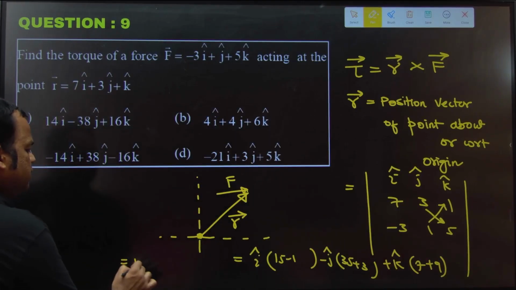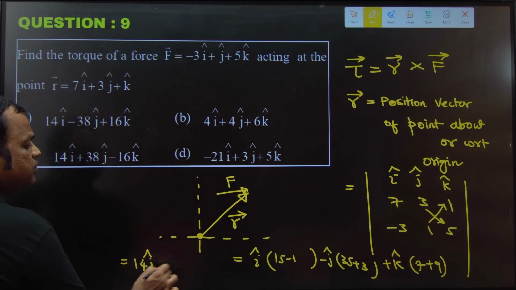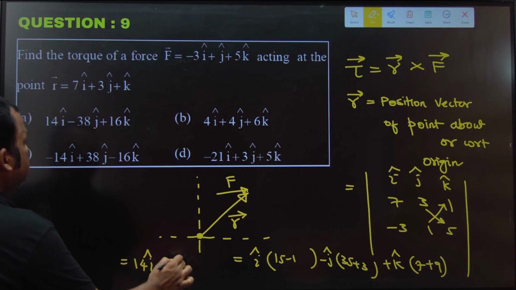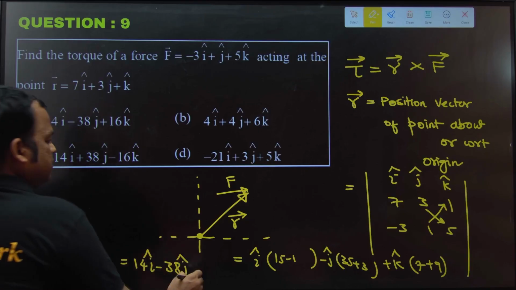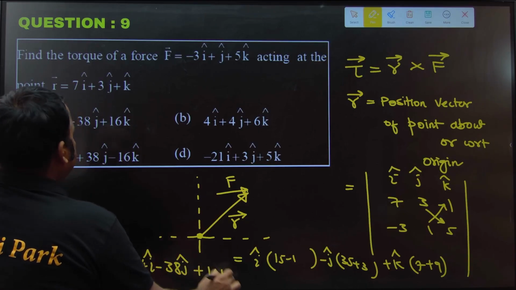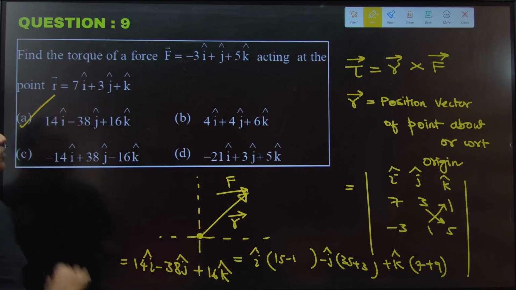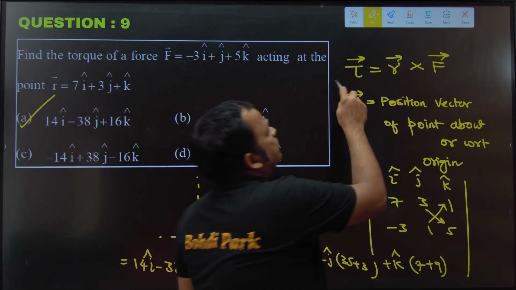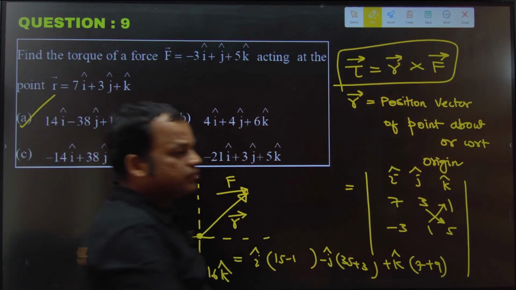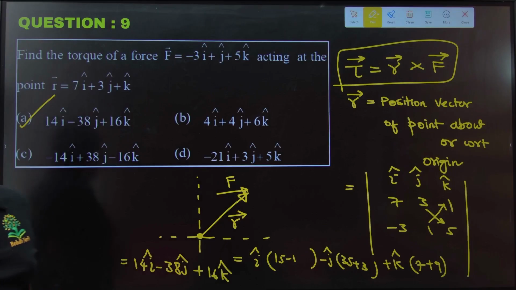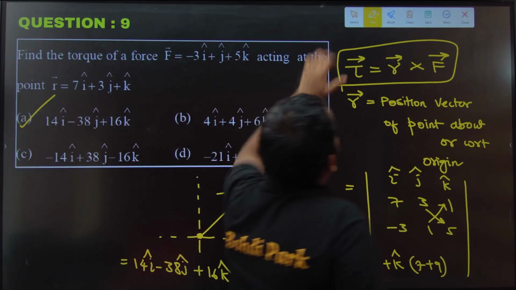So that is 14i minus 38j plus 16k. So first option. That is for torque. Torque is equal to R cross F. Next question.